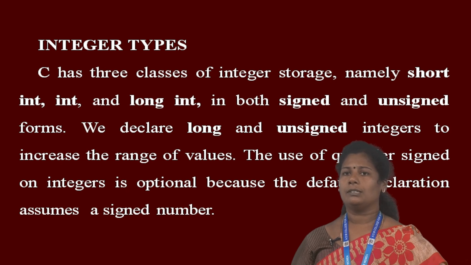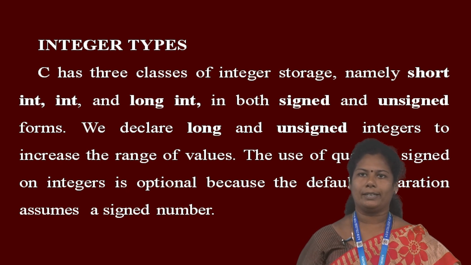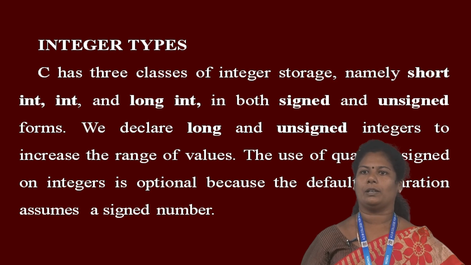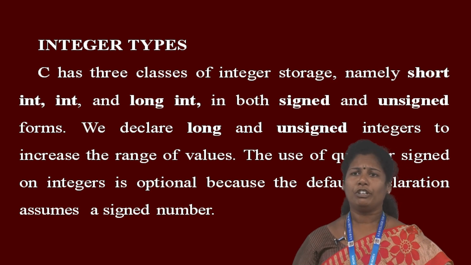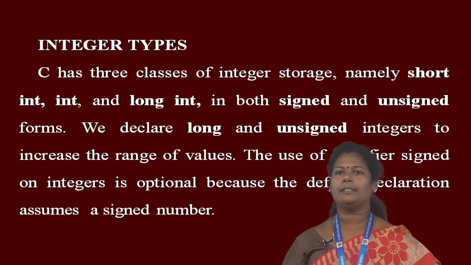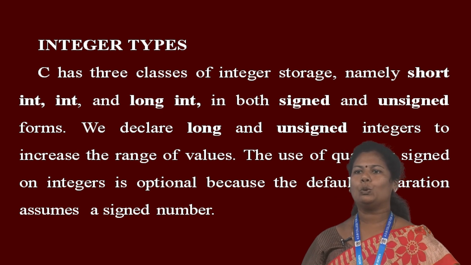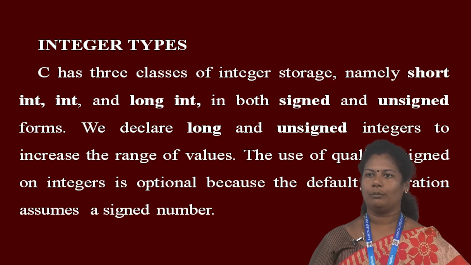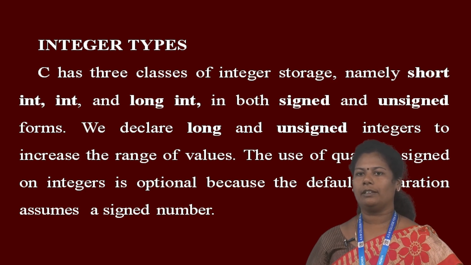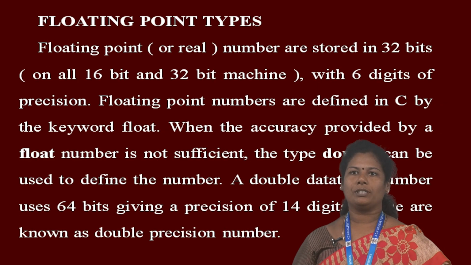Integer types. C has 3 classes of integer storage, namely short int, int, and long int, in both signed and unsigned forms. We declare long and unsigned integers to increase the range of values. The use of qualifier signed on integers is optional because the default declaration assumes a signed number. Floating point types.